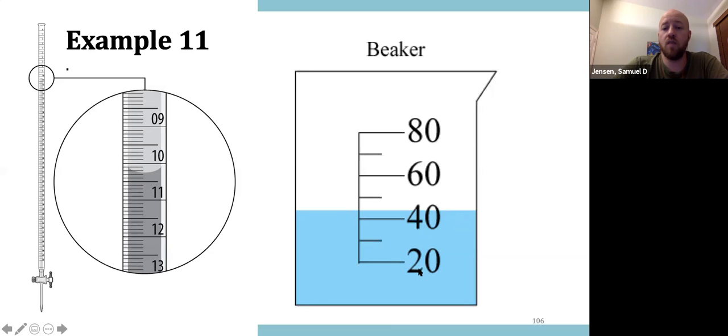Here's 20 milliliters, here's 30 milliliters, here's 40, 50, 60, 70, 80. If it's slightly more than 40, but not quite at 50, the only place we can estimate is the single digit. We're not even at a decimal place.